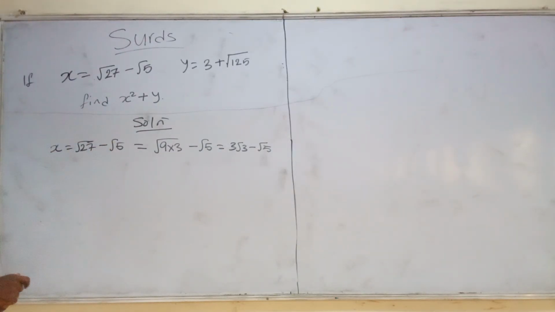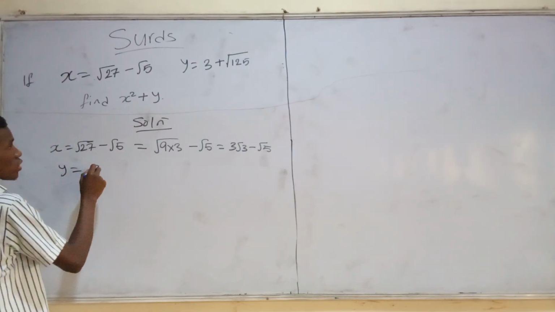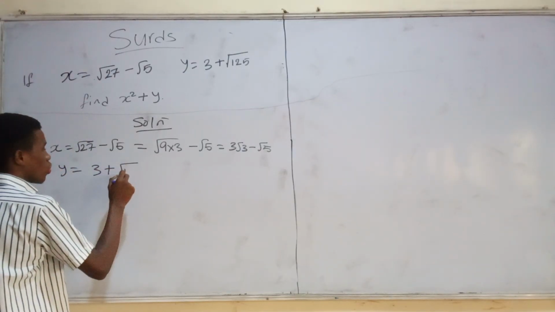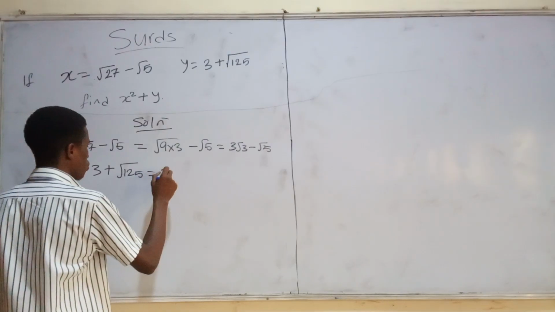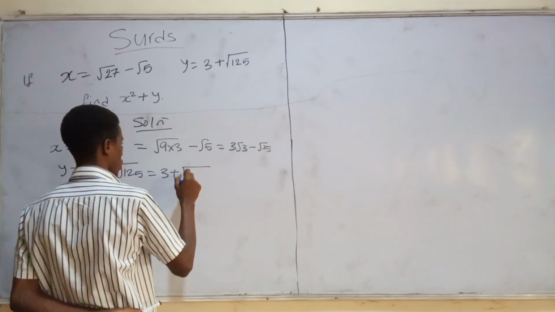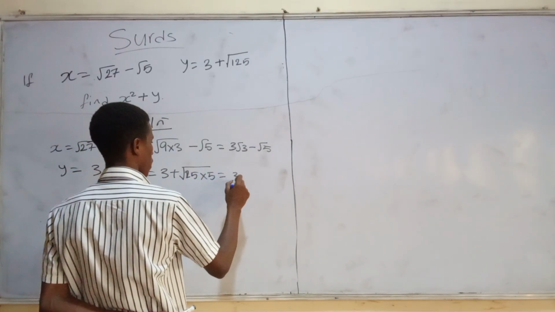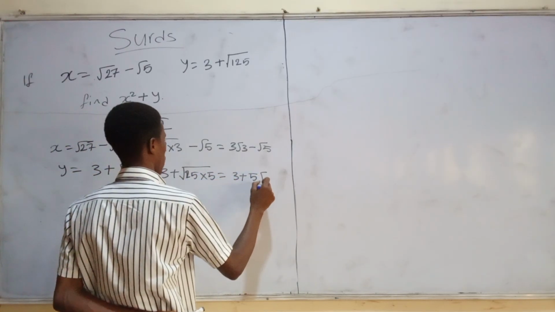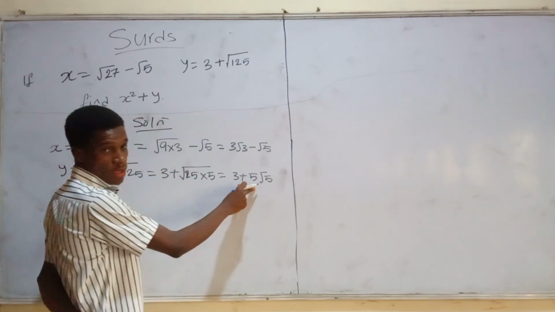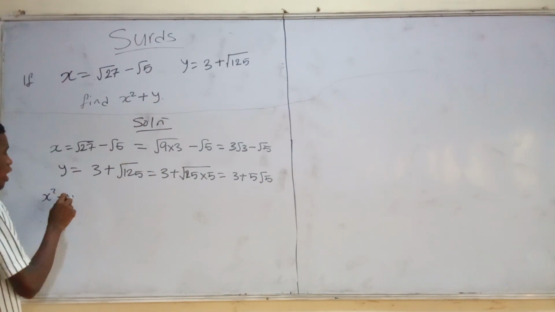So but we are looking for x squared. Y is what? 3 plus root 125. And this is equal to 3 plus what? 25 times 5. Abi? So these are our y. So x squared plus y is equal to what?